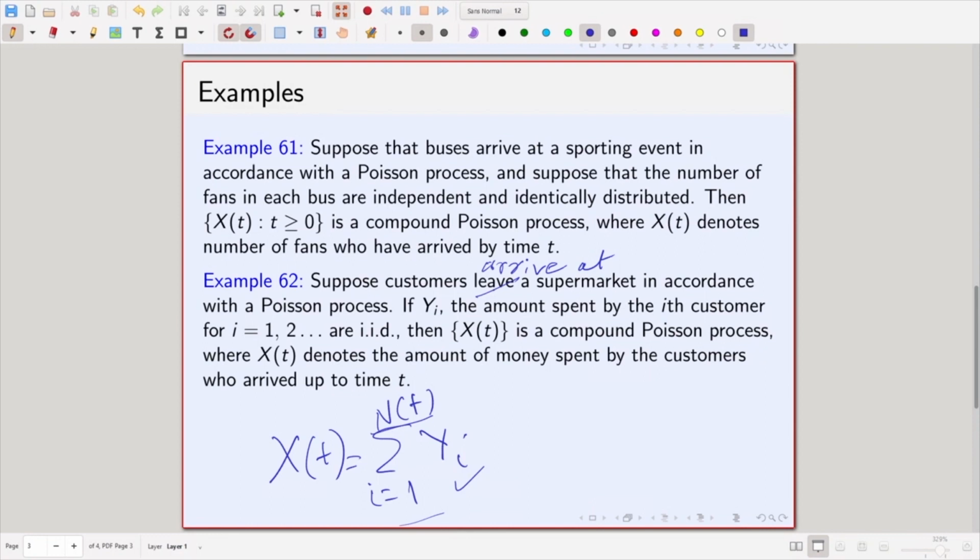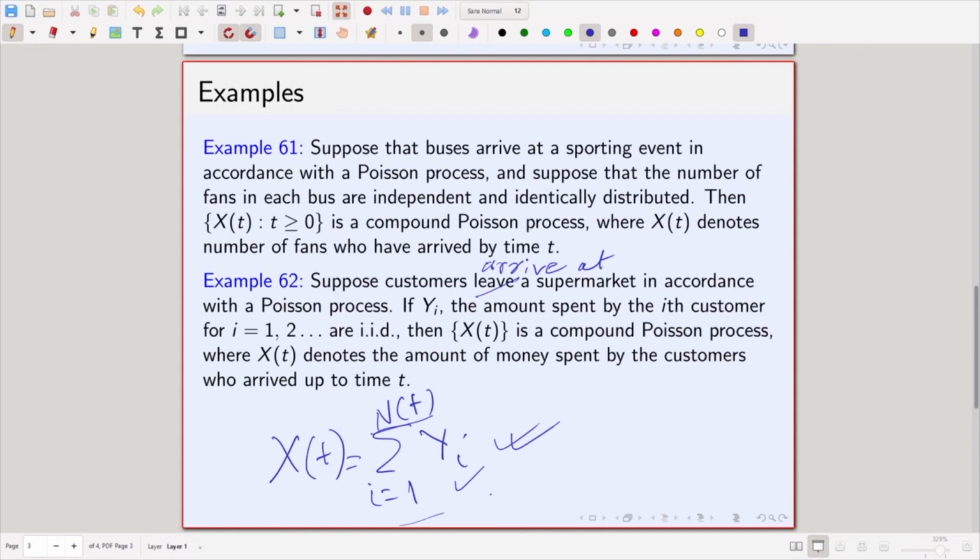If you denote by X(t) the amount of money spent by the customers who arrived up to time t, then again X(t) will be compound Poisson, because it will have this kind of expression. Here Y_i is the amount spent by the ith customer, N(t) is the total number of customers who arrived up to time t. So, the amount spent by the customers who arrived up to time t is given by this.